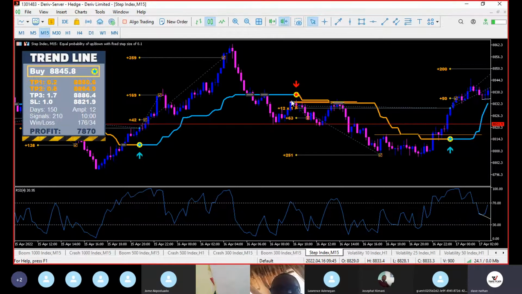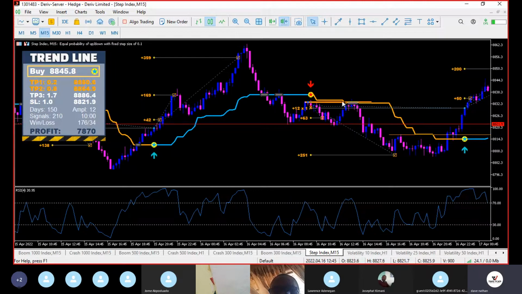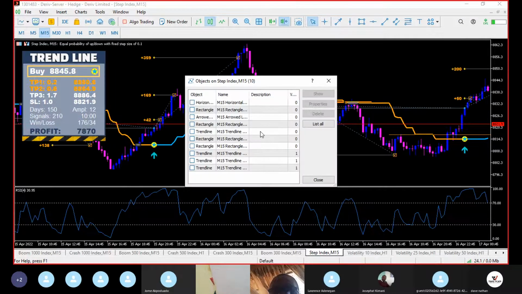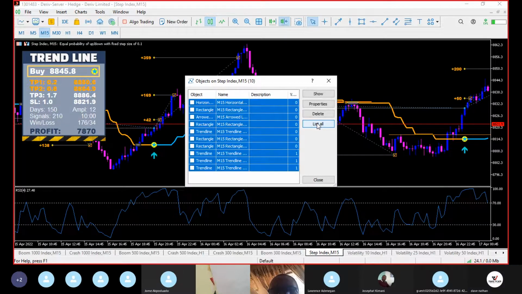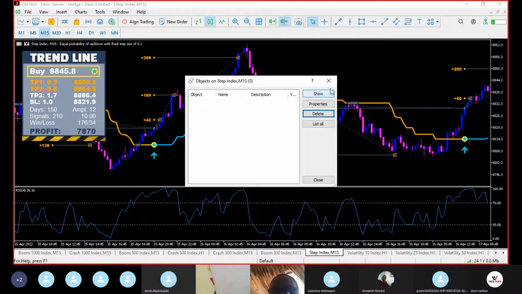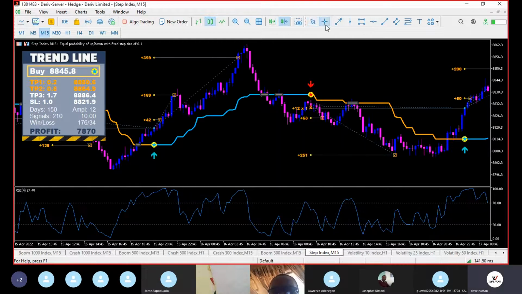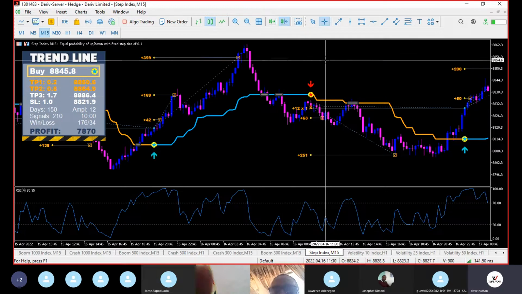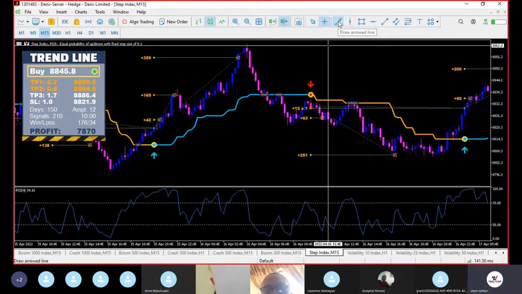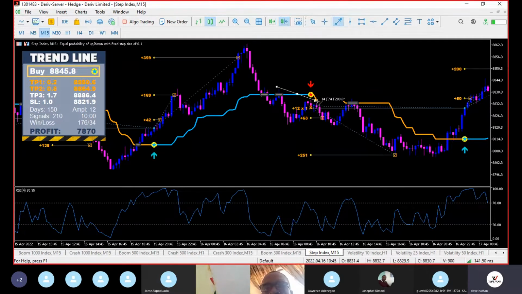When the initial sell signal came, there was a divergence to confirm that sell signal. This is really powerful, guys.